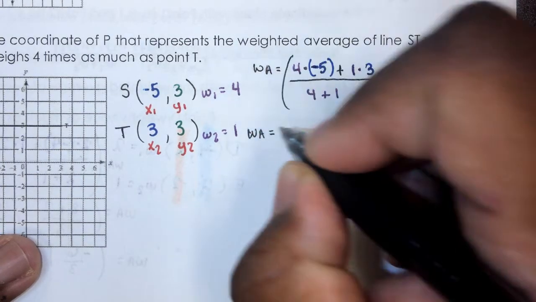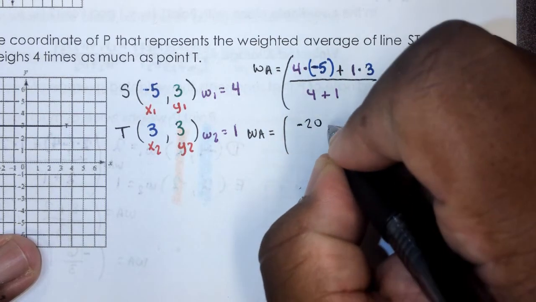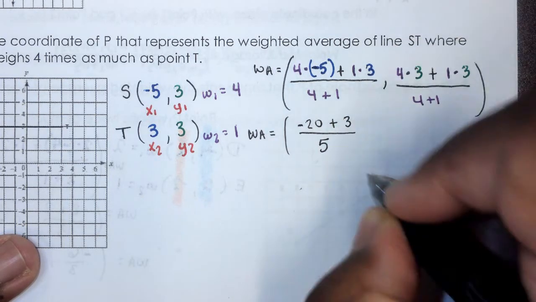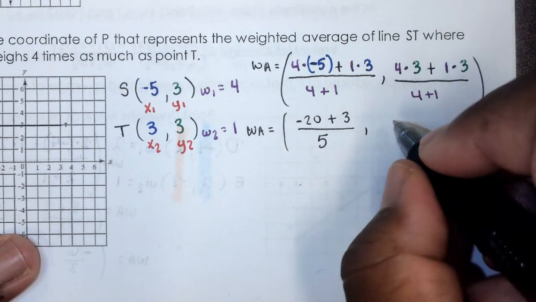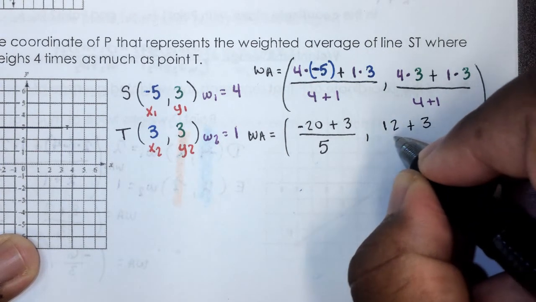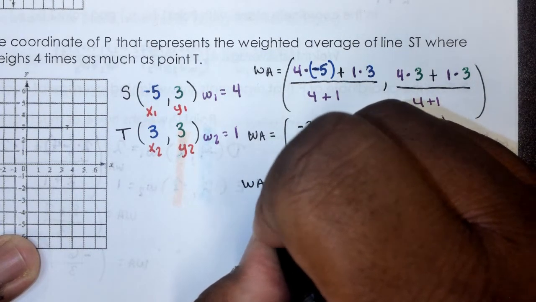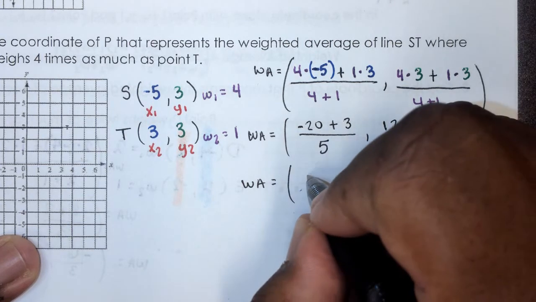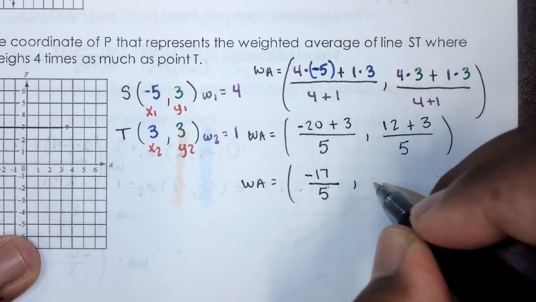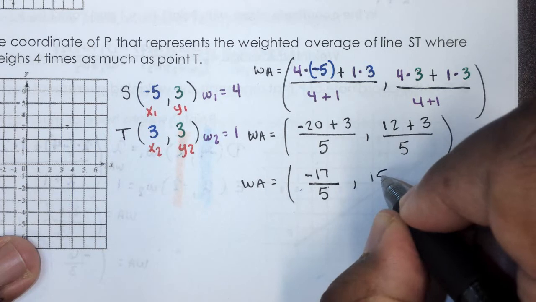WA equals, that's negative 20 plus 3 divided by 5. Then you have 12 plus 3 divided by 5. Negative 20 plus 3 is 17, so negative 17 over 5. On this side, 12 plus 3 is 15 over 5.